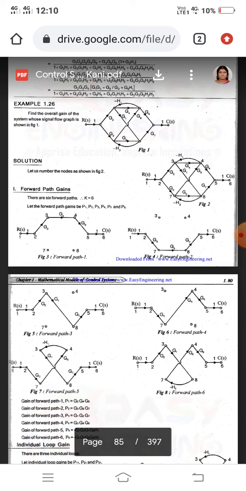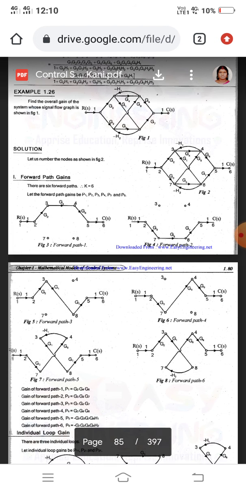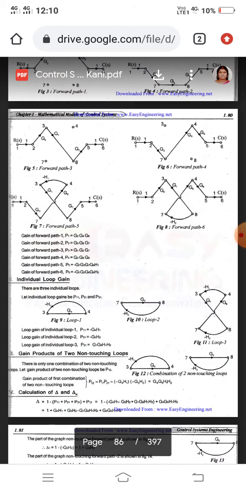According to that rule, I have put 1, 2, 3, 4, 5, 6, 7, 8 as numbers for my reference.